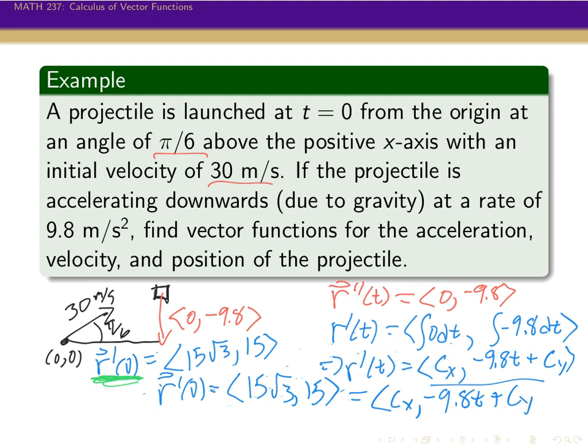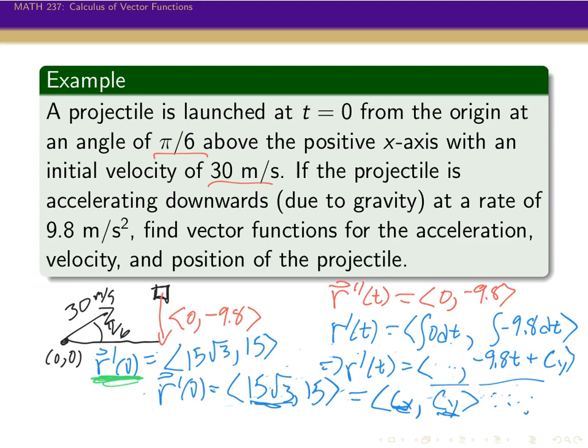Oh, I'm plugging 0 in for t there, so that's going away. And so this is just cx, cy. Well, so this tells me cx has to be 15 square root of 3. cy has to be 15.